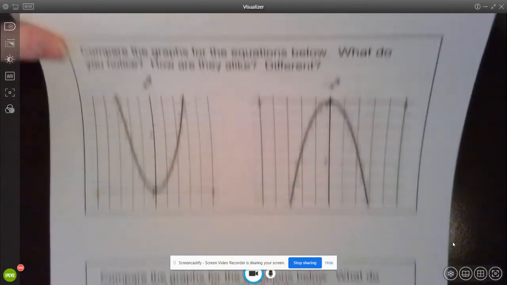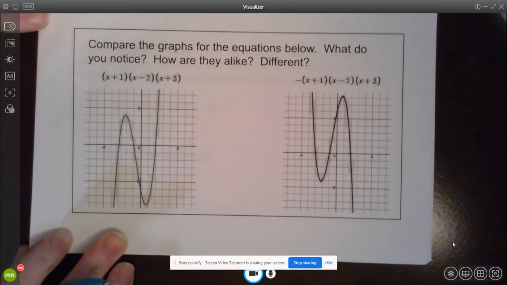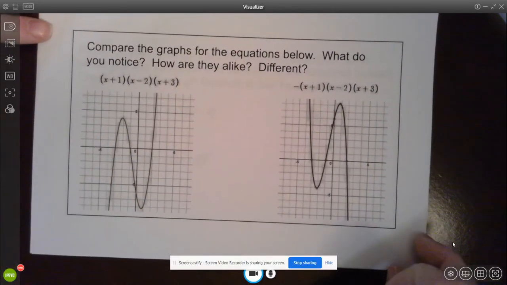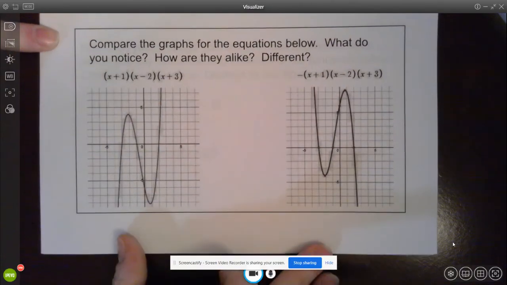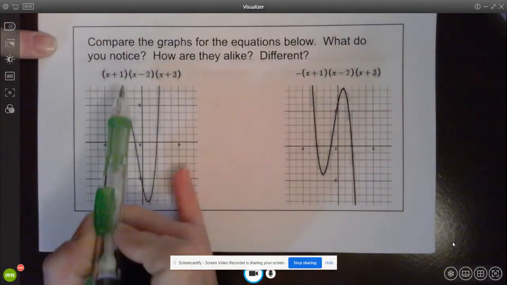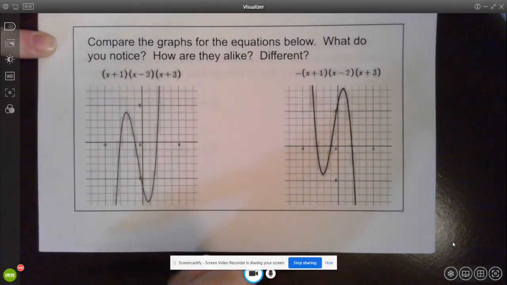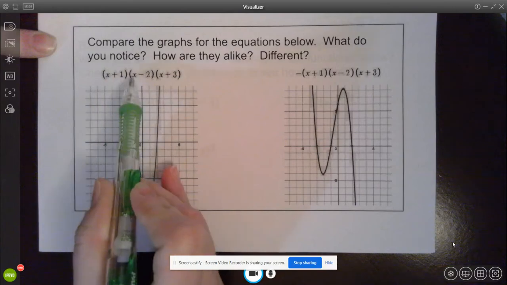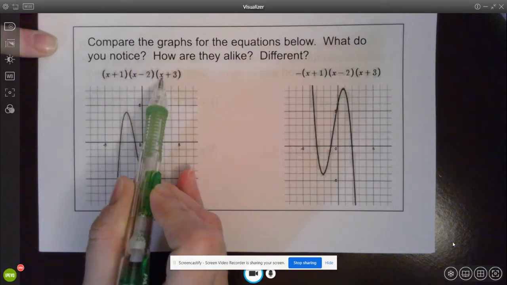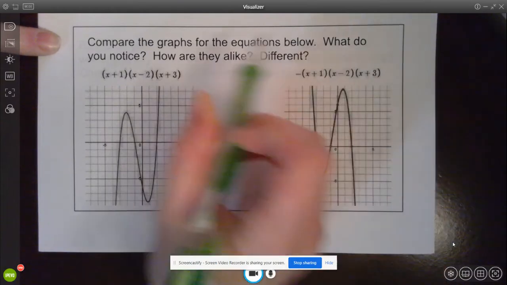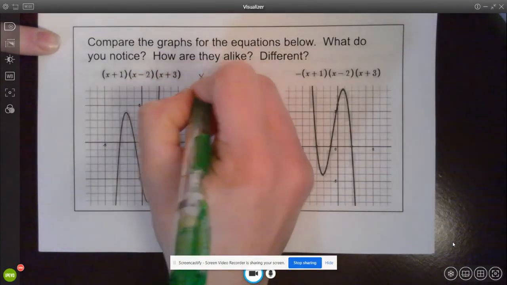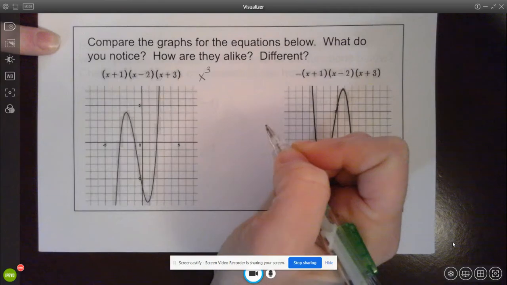And as you may have guessed, the next one is 3 factors that are being multiplied together. So if we think about what the leading coefficient would be here, I have x times x times x. Same thing over here. This leading coefficient would be x cubed.